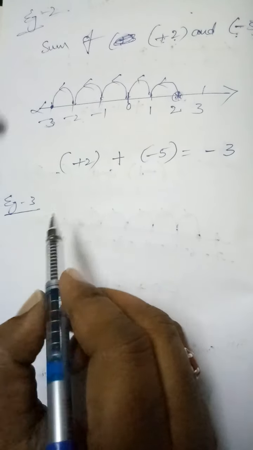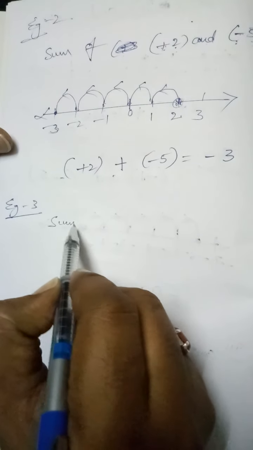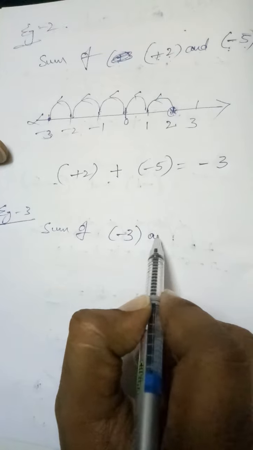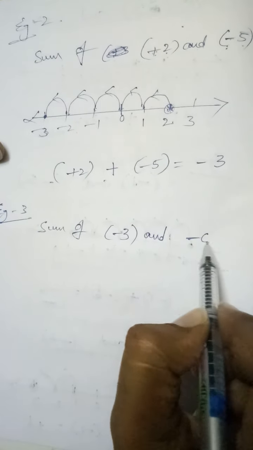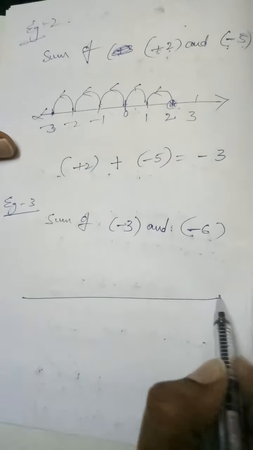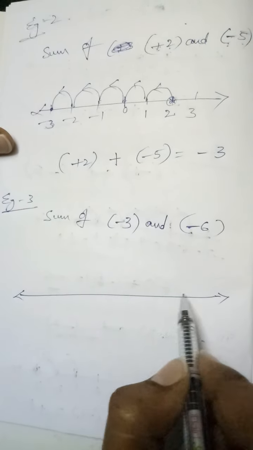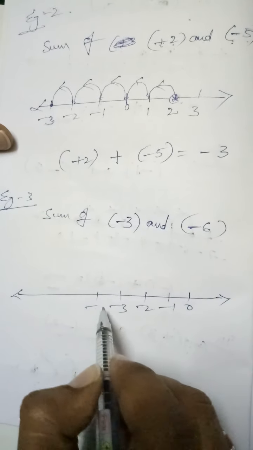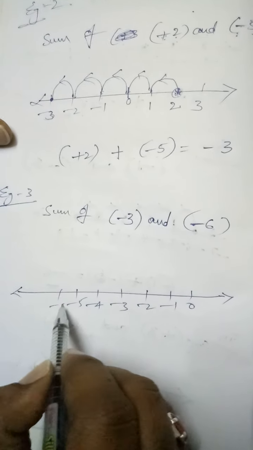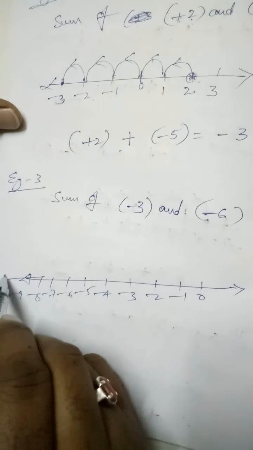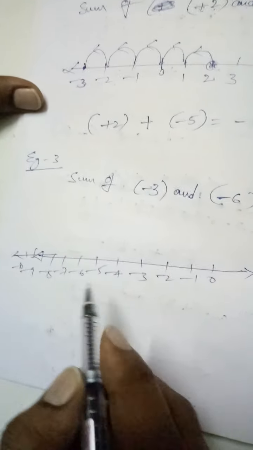Now I'm taking another example. Suppose both are negative, the sum of minus 3 and minus 6. In this case, how do we add the numbers on the number line? Both are negative, so I'm taking more negative numbers on the number line. Minus 3, minus 4, minus 5, minus 6, minus 7, minus 8, minus 9, and take minus 10 also.